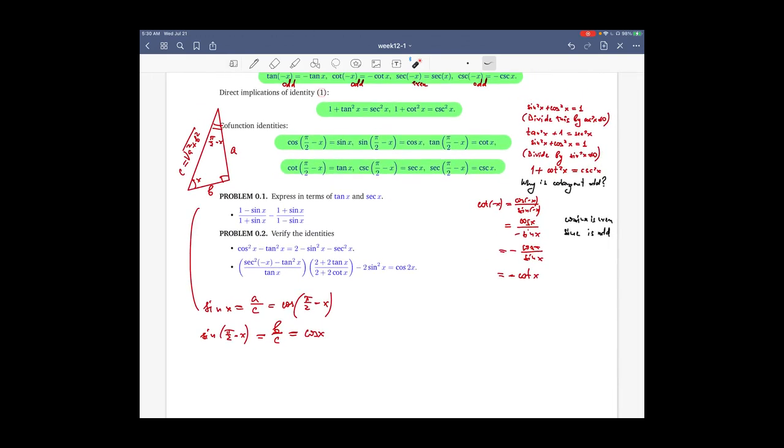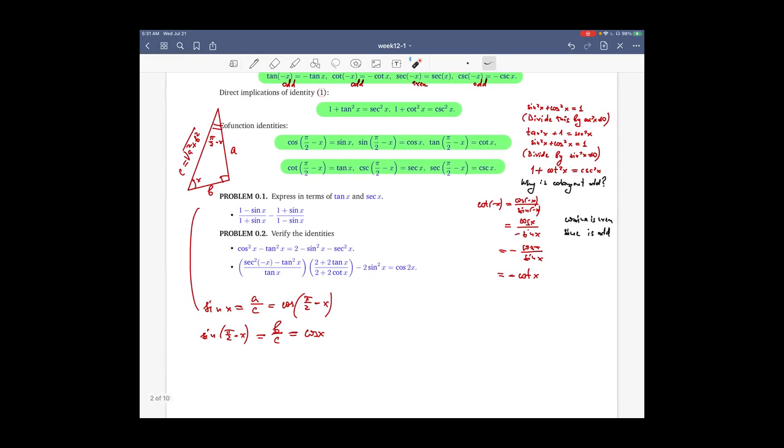Let's practice these formulas and solve 2 examples. In this first example, we need to express 1 minus sine x over 1 plus sine x minus 1 plus sine x over 1 minus sine x in terms of tangent and secant.